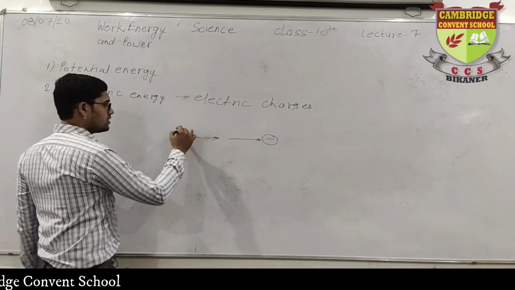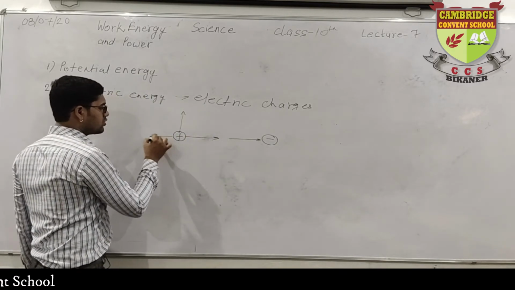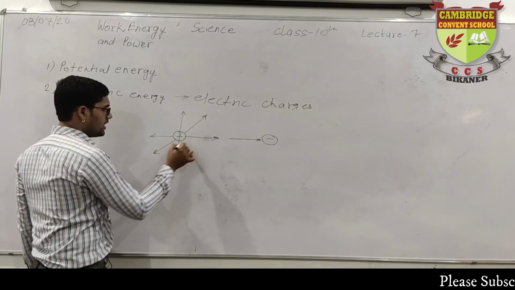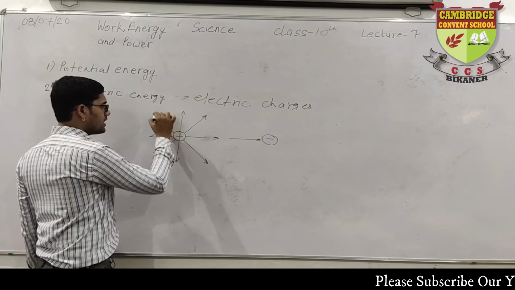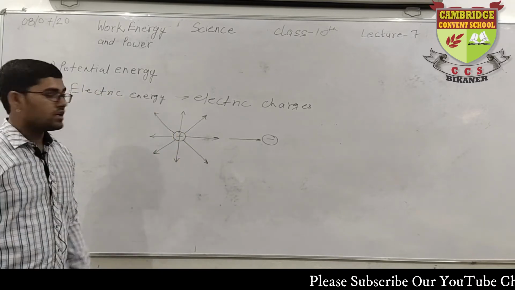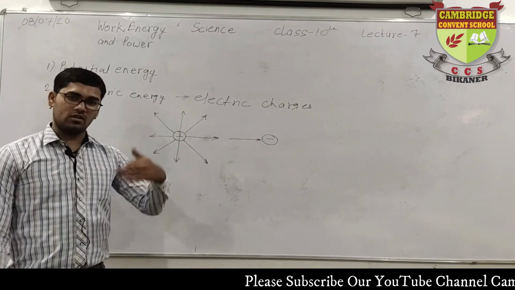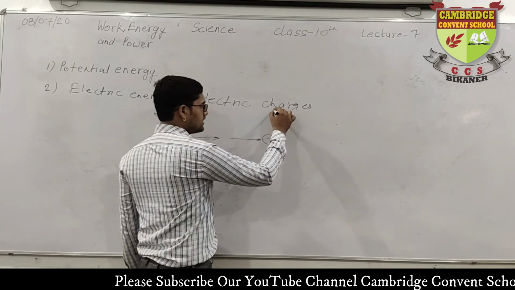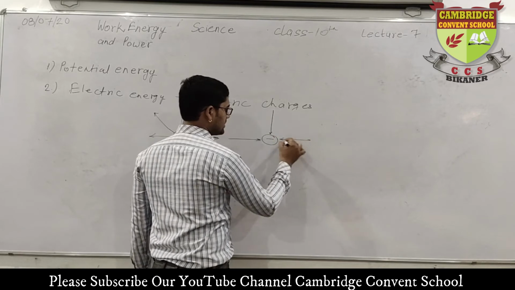Clear? So if we are asked to draw the direction of force applied by a positive charge, it is denoted by this. And if we are asked to draw the arrows of direction of force by a negative charge, then it will be like this.